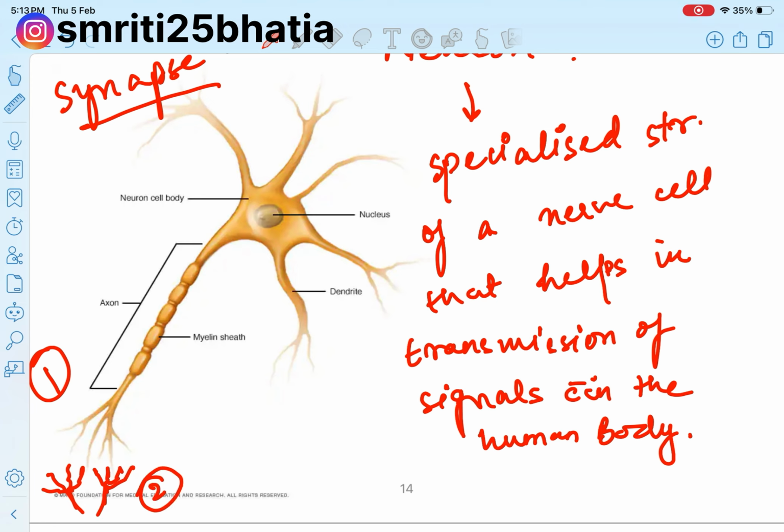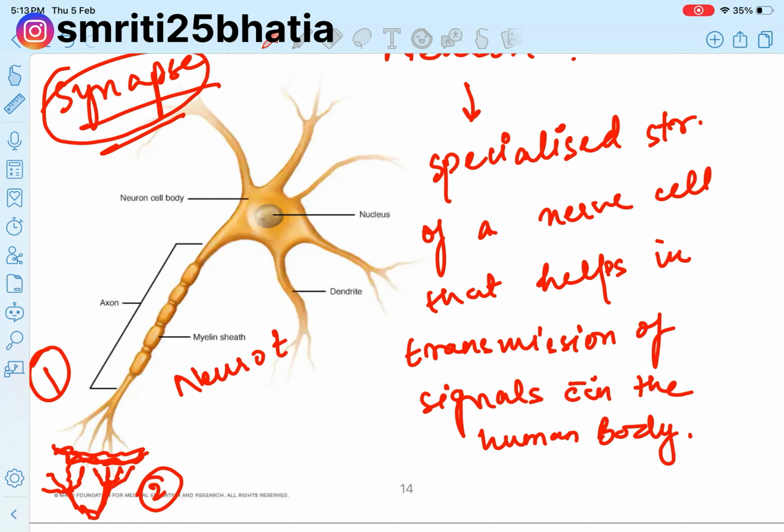This gap that we can see in between the neurons is known as the synapse. In the synapse we have neurotransmitters that help in transmission of signals from the axon terminal to the dendrites of the next neuron.